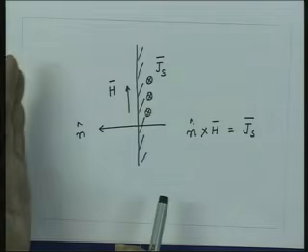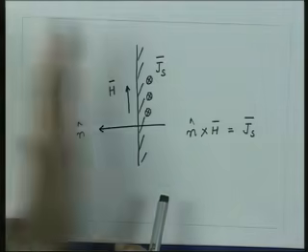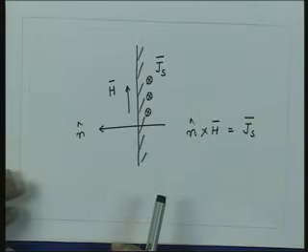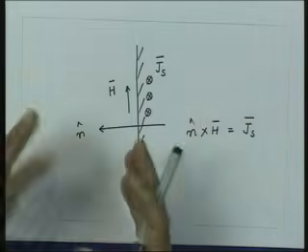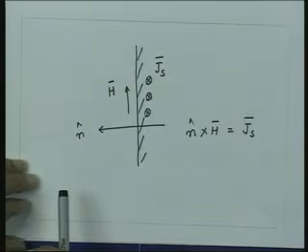So, equivalently, whatever power flows inside the conductor is a measure of the loss inside the conductor. So, instead of calculating the power loss from the electrical point of view, by finding the current and the resistance, I can use the wave concept and find the power loss inside the conductor.